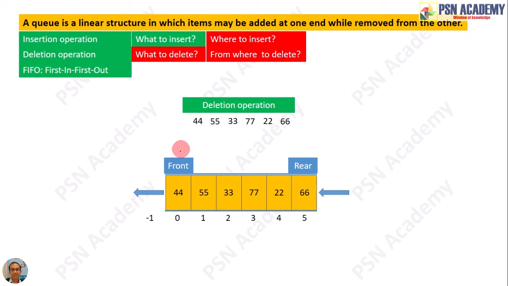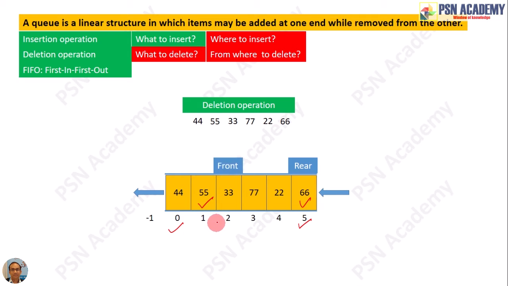Initially, when front was there, your queue was starting from this place, that is index 0, and it was ending at index 5. When you perform the deletion operation, front will be standing now at 1, so that your queue will be starting from here and will be ending here.